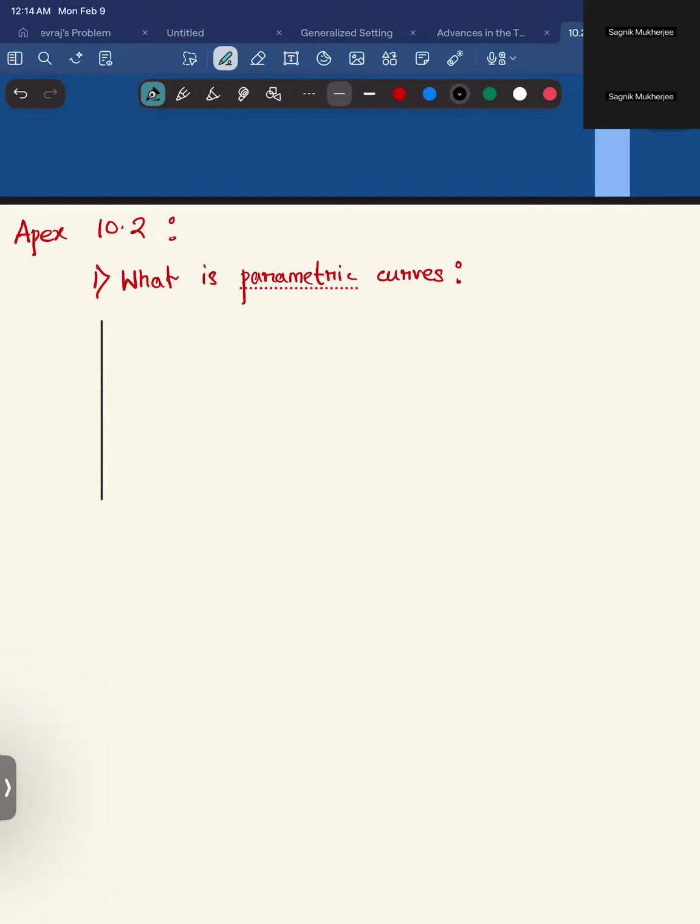The curve is probably some sort of geometric figure on the 2D plane or in the 3D plane, right? But the point is, to mathematically describe a curve, we need to specify some sort of relation between its x and y coordinates.